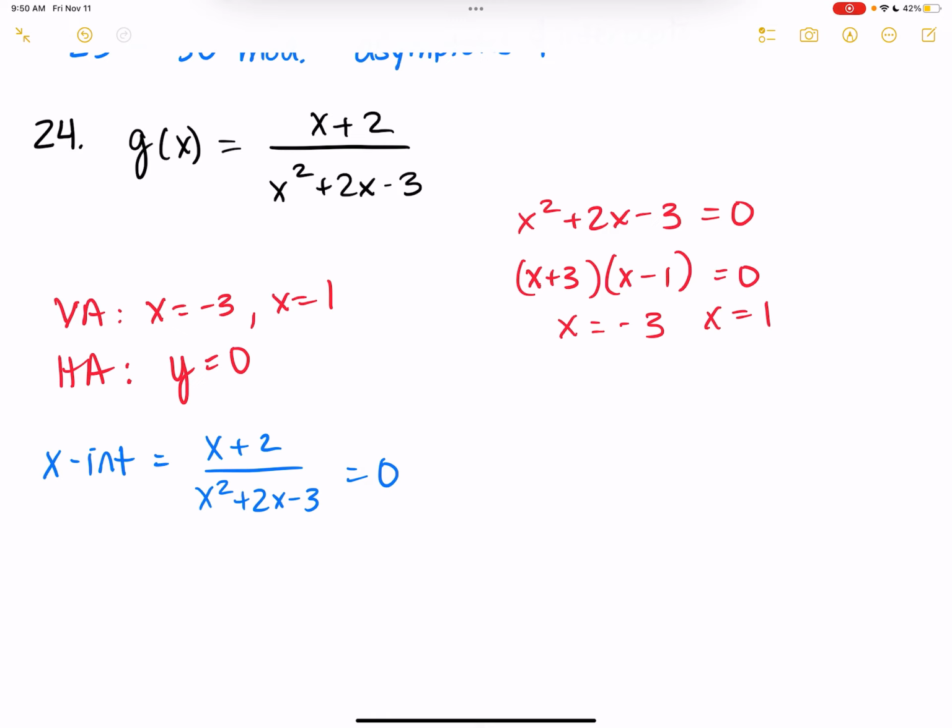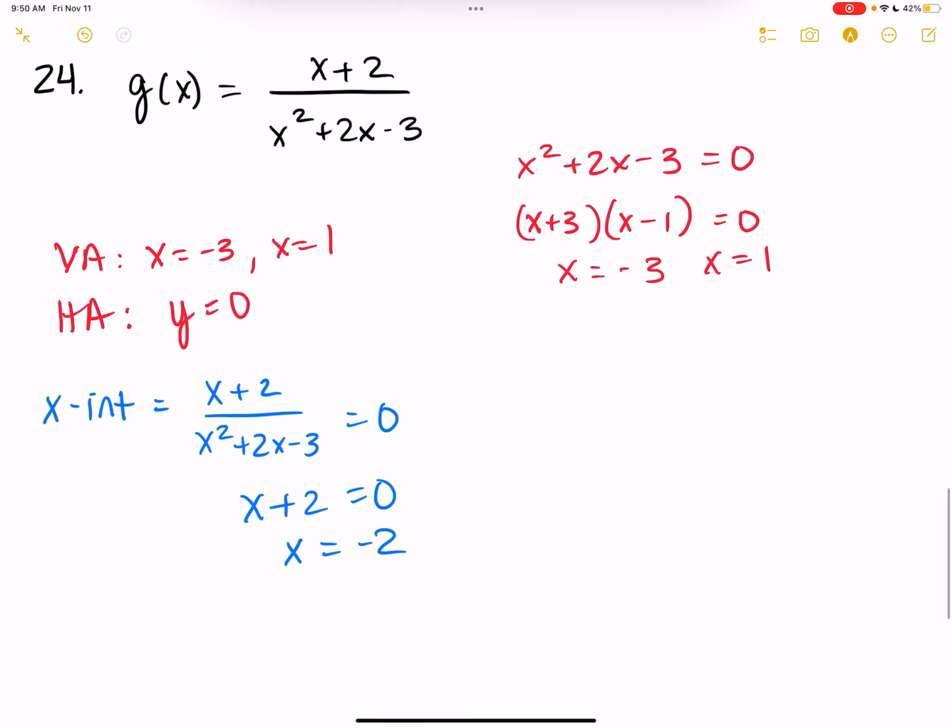So all I need to do is set the top equal to 0. x equals negative 2. So my x-intercept is the point negative 2, 0.